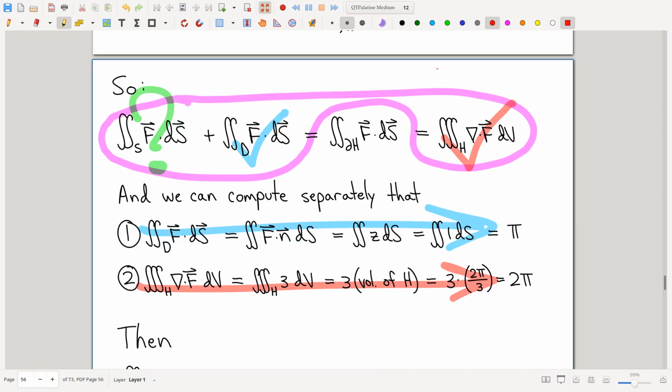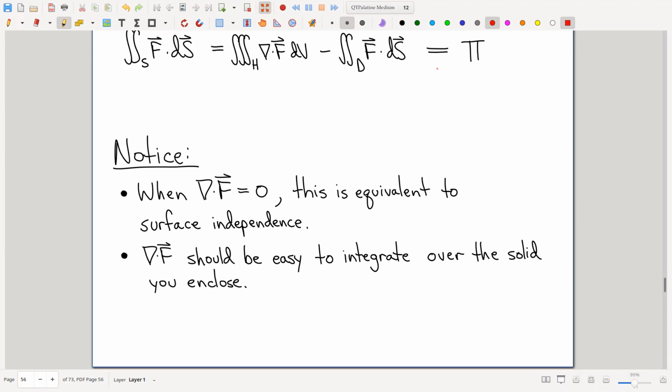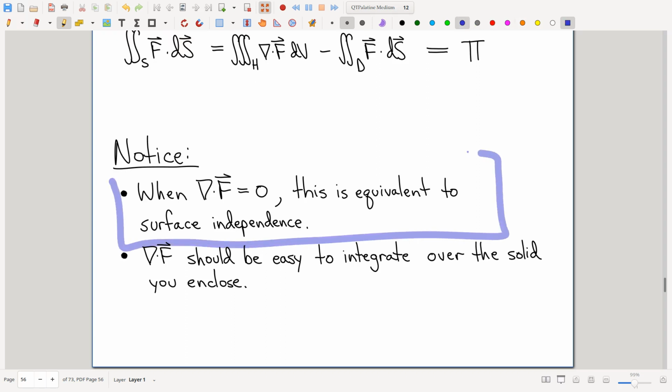All right, just a couple of quick comments on how to use this. This is a nice exercise. I want to encourage everybody to do this right here. Persuade yourself that if the divergence is 0, this method of surface closing is truly equivalent to surface independence. So think that through. It's a good little exercise. Once you see it, it's pretty straightforward, but it's a good realization to make.